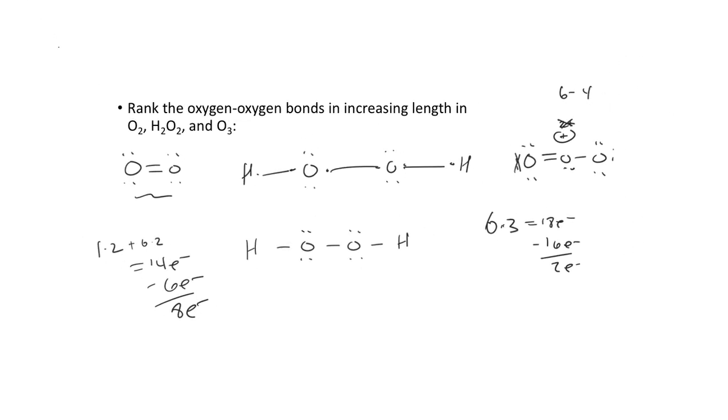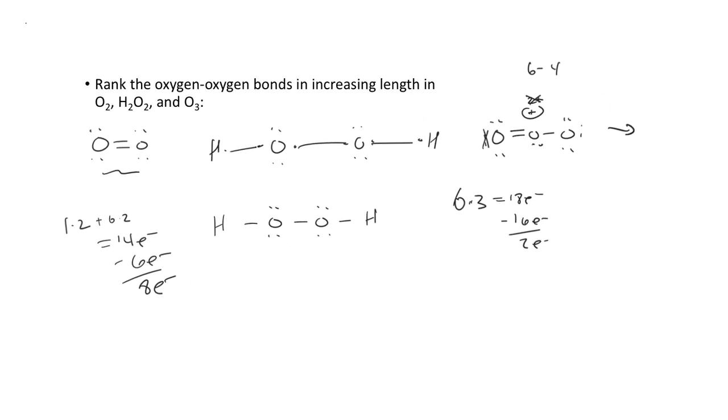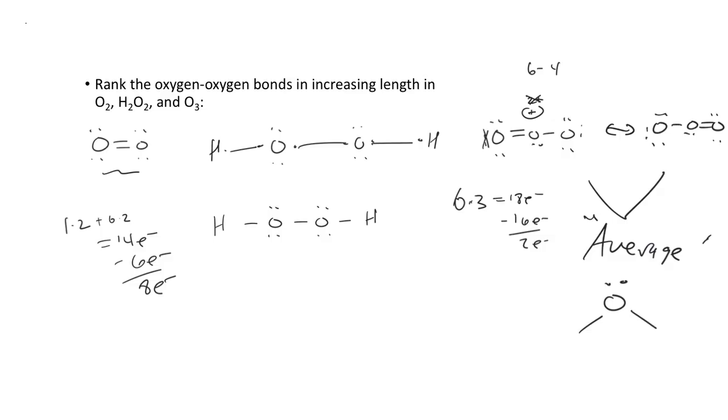But then we remember that we have this resonance effect. The resonance effect, if you remember, is that we could have made the double bond over here, had the equivalent Lewis structure, which means the real molecule exists as the average of those 2. So the average structure would look something like this. And it turns out to have a bent shape. So I'm going to draw it bent, lone pair up here. And then we have this extra bond here, where this bond is like a 3/2 bond.